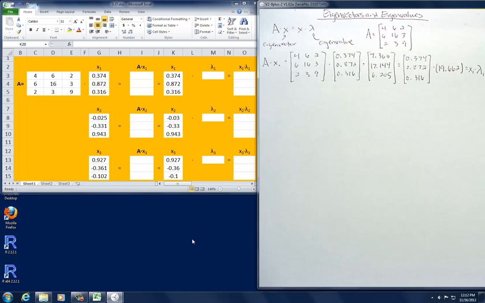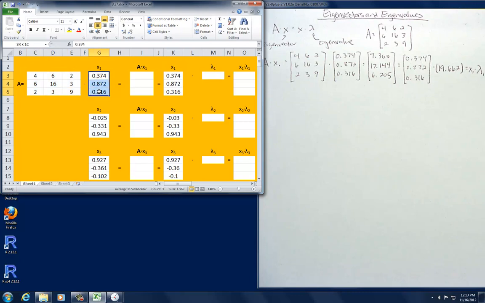Actually, the matrix A has additional eigenvectors and eigenvalues, since the rank of the matrix is what? Yeah, the rank of the matrix is 3. And since the rank of the matrix is 3, there are 3 non-zero eigenvalues with associated eigenvectors that we'll demonstrate in just a second. But first, let's go over to Excel here. As you can see, I have our A entered in, and I've entered in x sub 1.